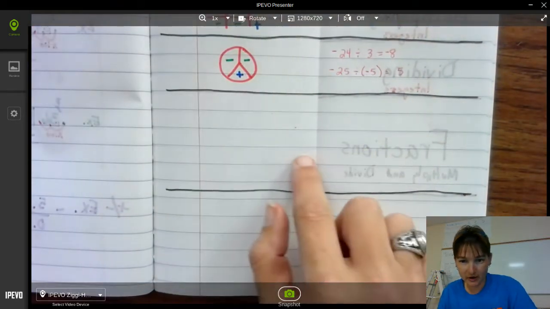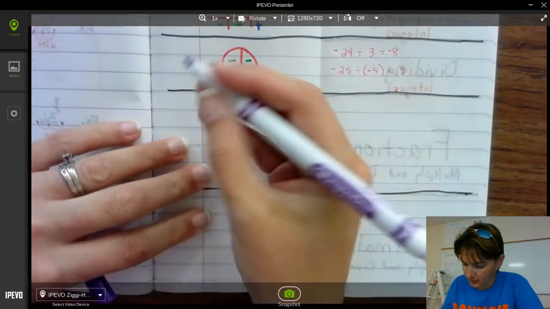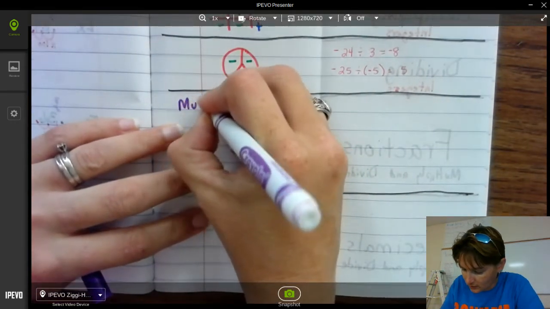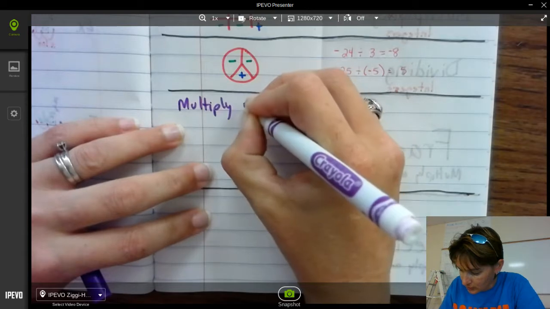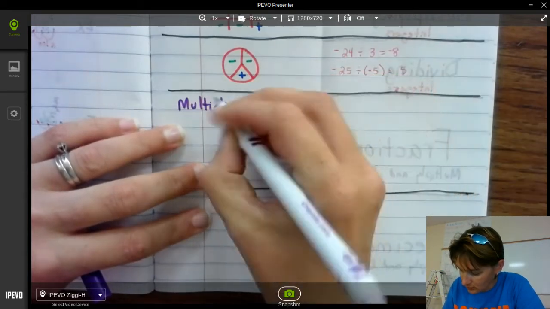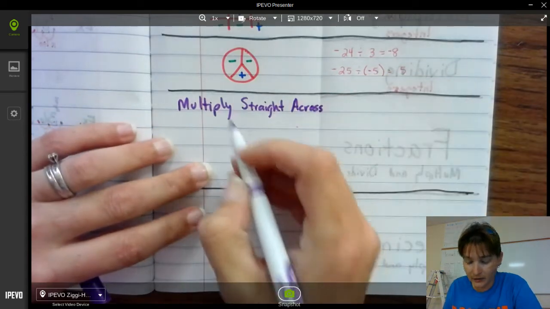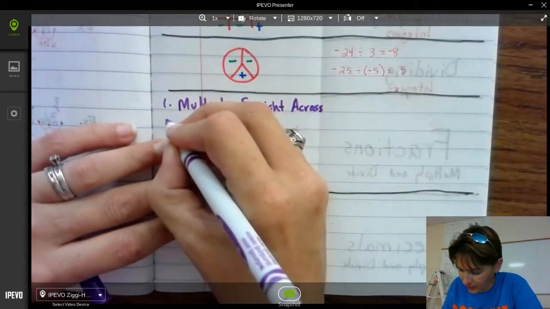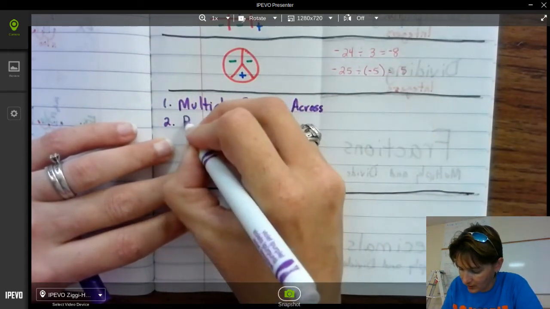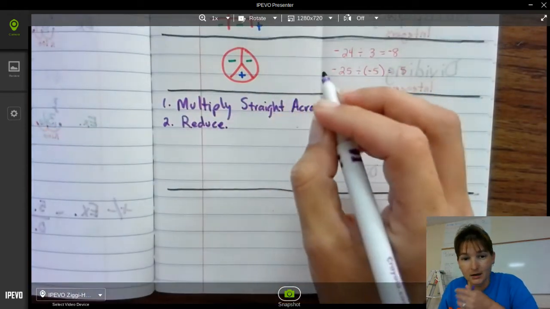When multiplying and dividing with fractions, our rule of thumb is to multiply straight across. Once you have done that, that's the first thing, you can then reduce, or simplify.